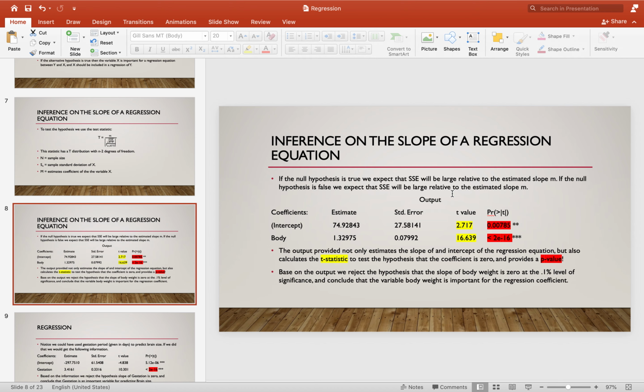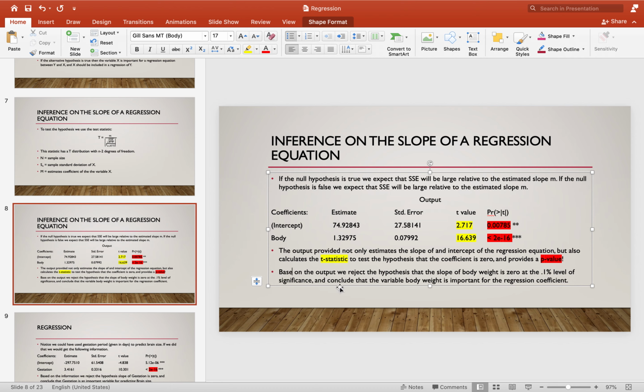But the main emphasis here is on this red highlight, the p-values. It tells us that the variable of body weight is important for the regression equation of brain size.